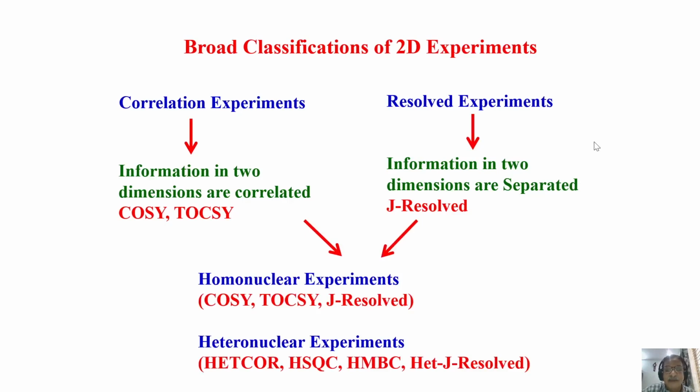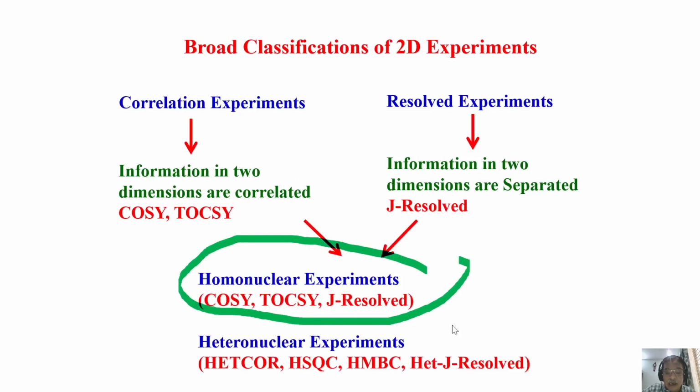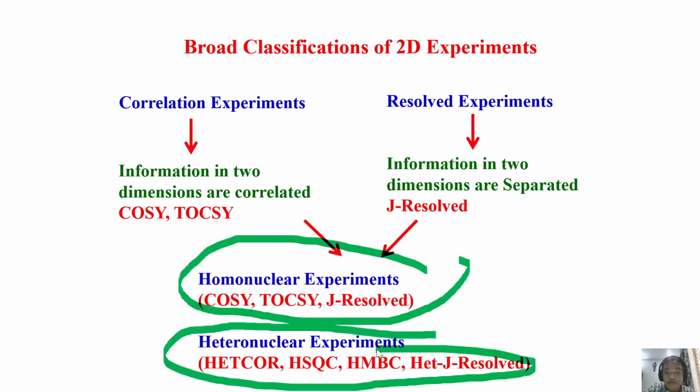Both types of experiments can be done for homonuclear spins and also for heteronuclear spins. Very simple. For example, homonuclear correlation experiments like COSY, TOCSY, homonuclear resolved experiments like J-resolved. Similarly, heteronuclear experiments like HETCOR, heteronuclear correlation, HSQC, HMBC, heteronuclear J-resolved. Several such examples.